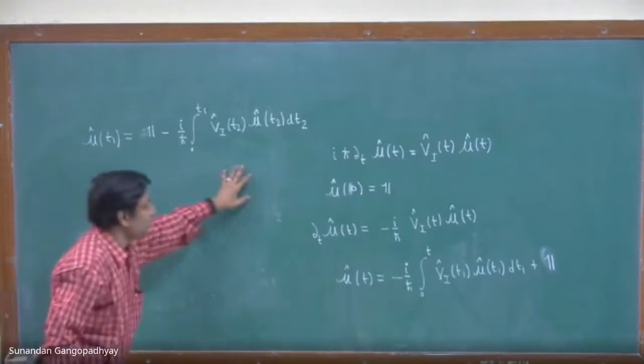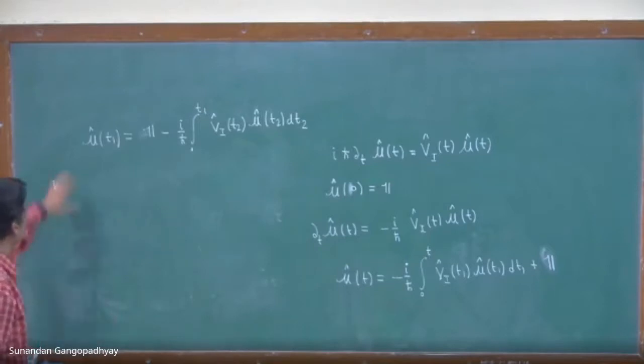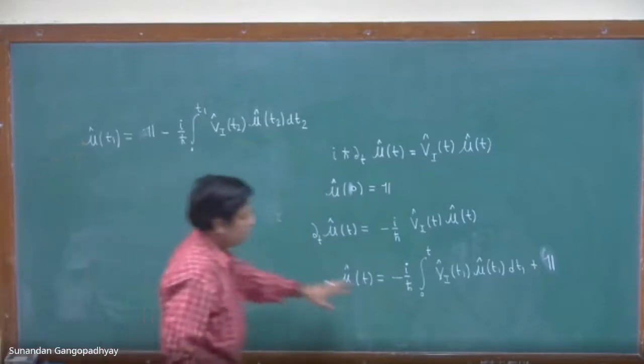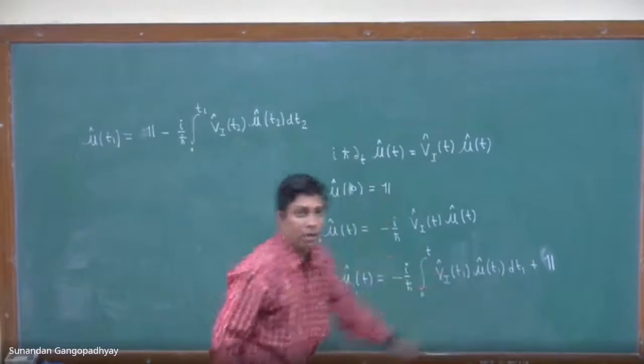Formally, you can write this, and we have not done any approximation so far. Now what we shall do is substitute this here, because this is u hat t1 and we have an expression for u hat t1.